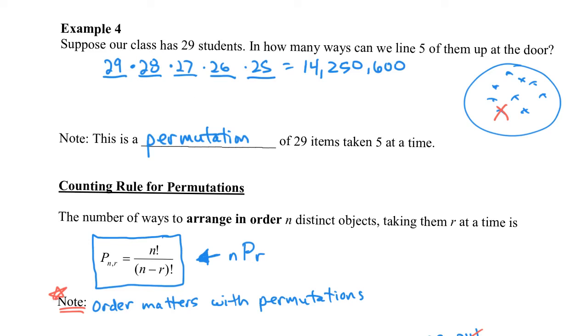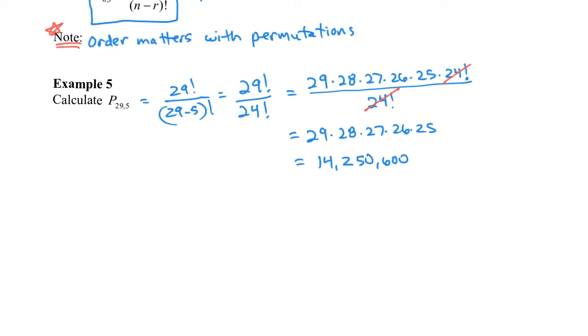But other people just like to recognize that this is a permutation of 29 items taken 5 at a time. They don't write any of this out, but they get the same answer, because they just plug it in here, and I'll show you in the calculator how to do it without these calculations. So with a permutation problem, you can do it intuitively like above, or you can go right to the formula.